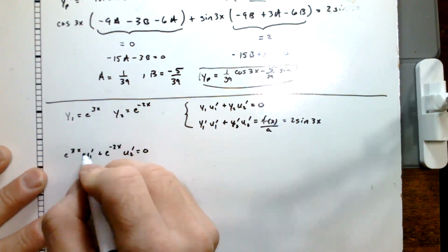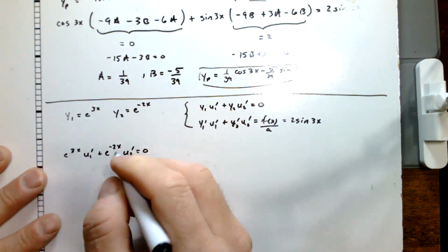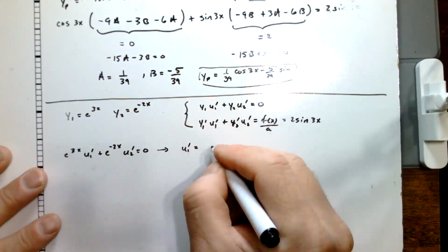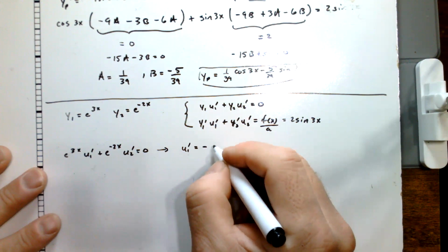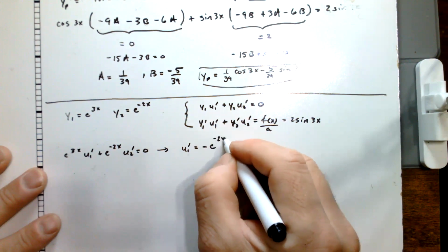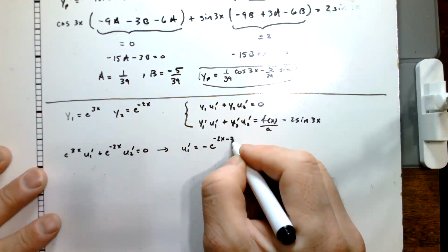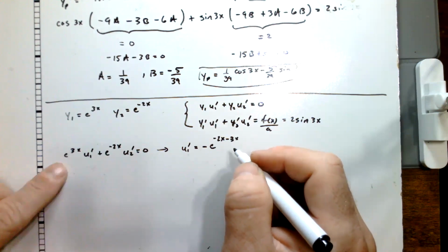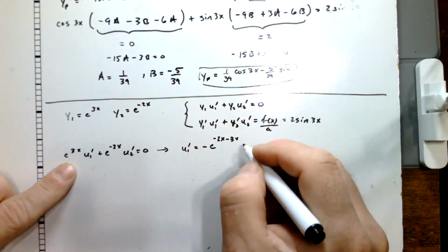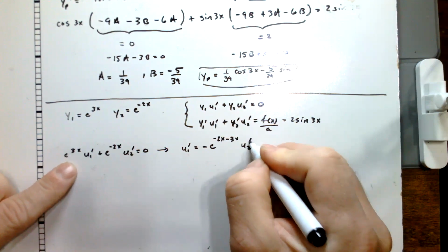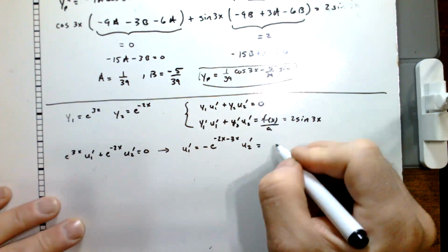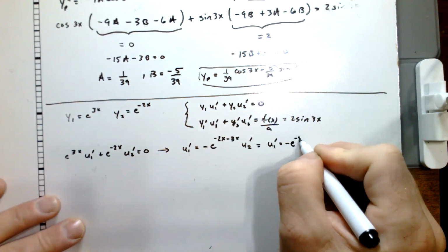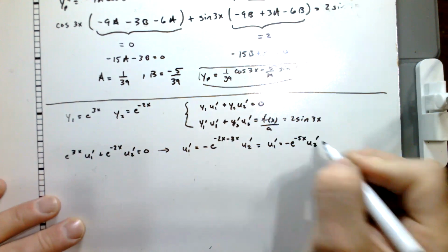So that tells me then if I subtract this term over and divide by that, u1 prime equals negative e to the negative 2x minus 3x. If you're wondering where that comes from, I'm multiplying by e to the negative 3x on both sides, or think about it as dividing by e to the 3x. And then this is going to be u2. Okay. So simplifying just a little bit more, u1 prime equals negative e to the negative 5x u2 prime.